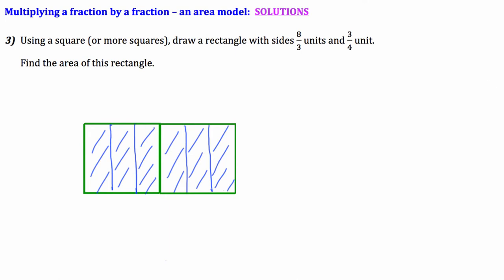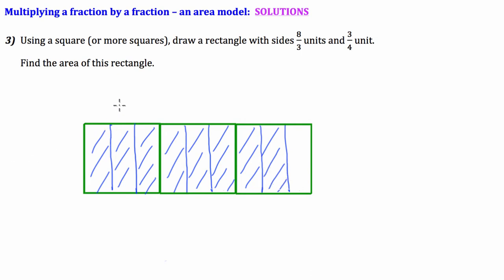Again, we need 8/3, and looks like 2 wholes are not enough. So we will draw one more whole. Again, split it into thirds. And this is 7/3, and this is 8/3. So let me label this side. So this is 8/3. And the other side is 3/4.